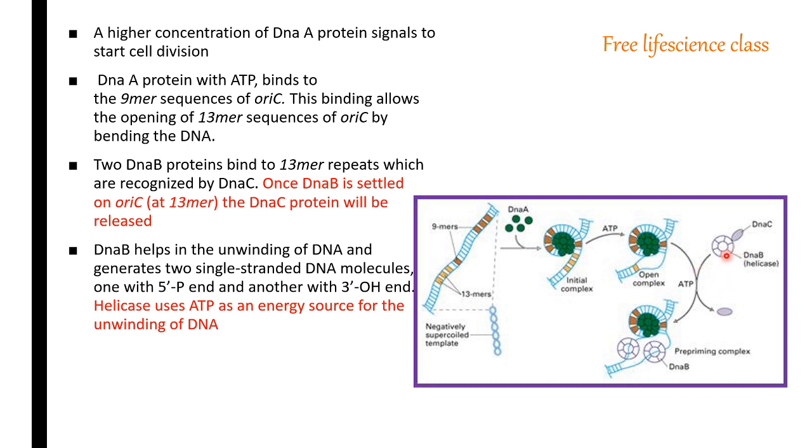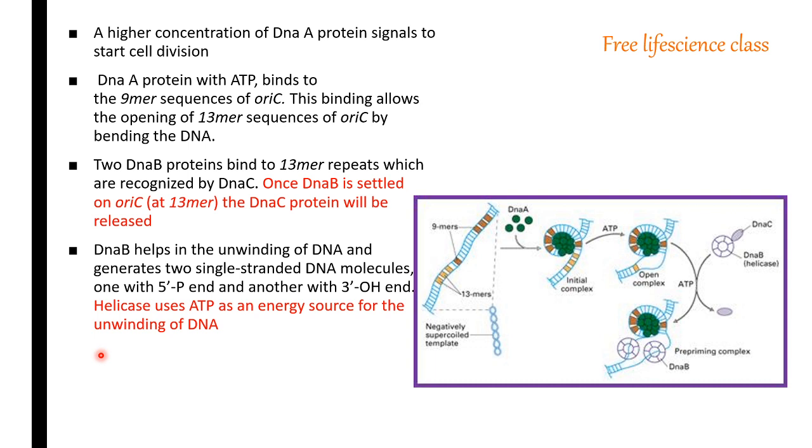When DnaB protein, which is a helicase, binds to the DNA, it will start to unwind the DNA. So DnaB helps in unwinding of DNA and generates two single stranded DNA molecules, one with a 5' phosphate end and another with a 3' OH end. This helicase needs ATP as an energy source for unwinding of DNA.